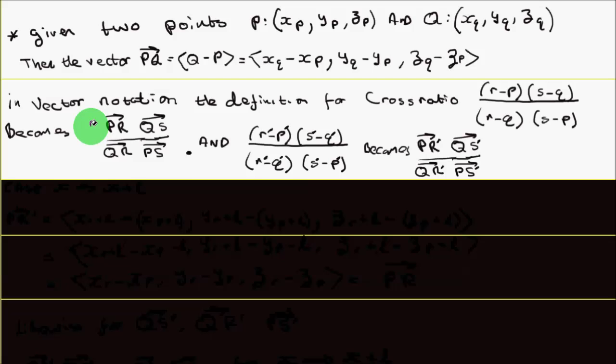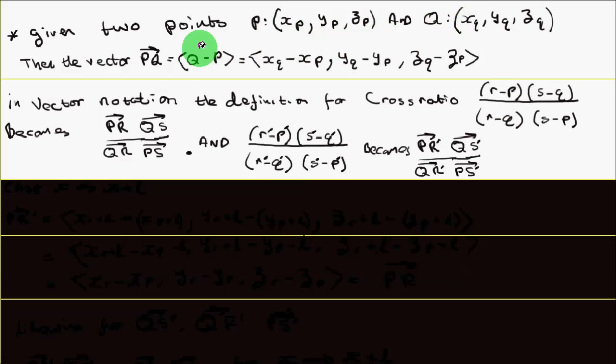Now in vector notation, look at the definition for the cross ratio we have to work out. On the numerator here, this item is r minus p. Now we're told that r and p are points, therefore we can interpret this as a vector. So r minus p is a vector.